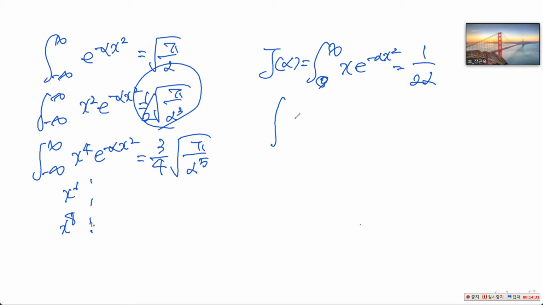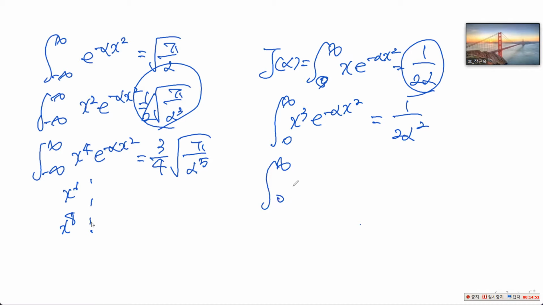Similarly, we can calculate from infinity to 0. So take the derivative with respect to alpha and put a negative sign on that. It gives 2 alpha squared. By this procedure, anything not clear, please let me know. 자, 뭔가 이해가 안 가거나 이상한 부분이 있으면 질문하세요.